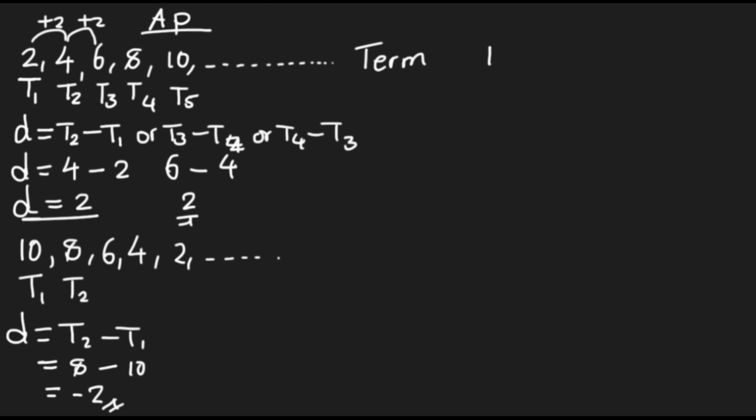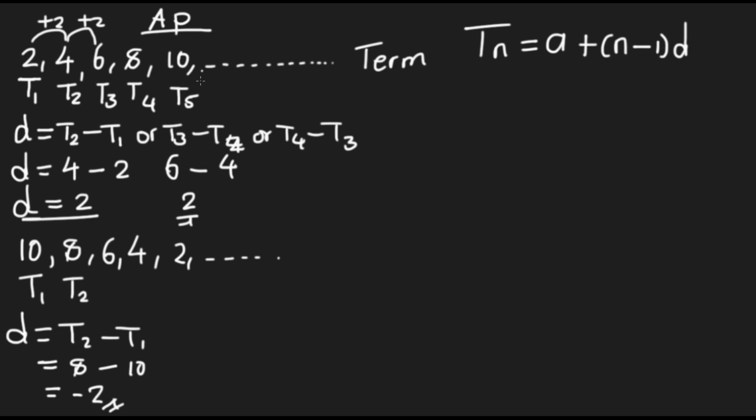For an AP, the formula is this one: Tn is equal to a, the first term in your sequence, plus open brackets n, where n denotes the number of terms, minus 1, times d. The d is the common difference.